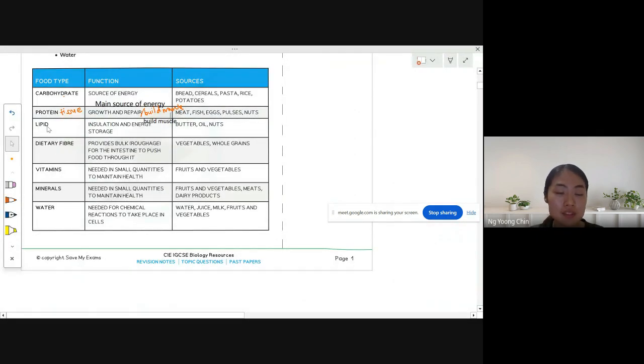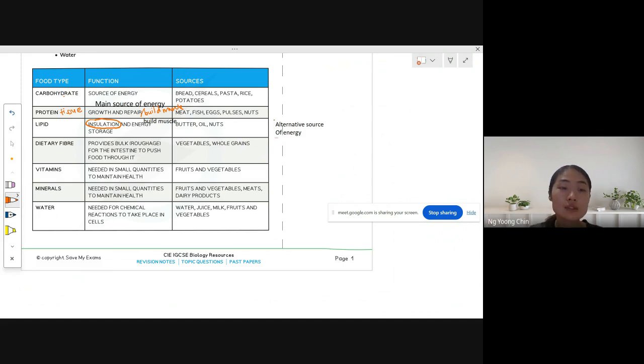And then lipid. Lipid is an alternative source of energy. I write here, alternative source of energy. This is the lipid. The function of lipids is insulation. What does insulation mean? Insulation means they help protect our body from cold.